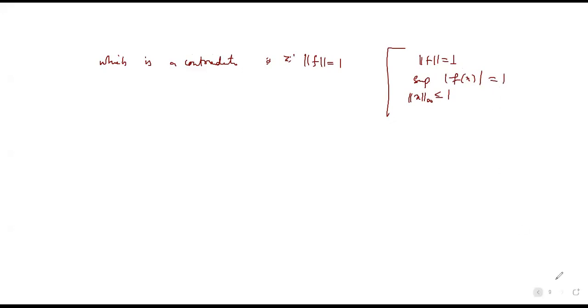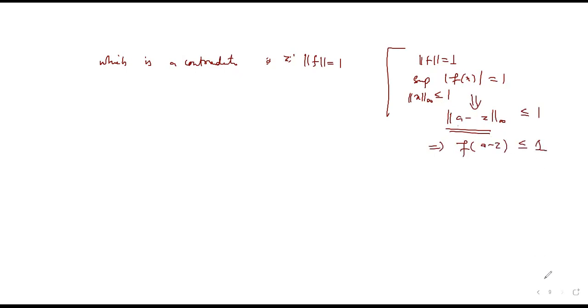And I have shown that the norm of a minus z infinity is less than or equal to 1. So if the vector on which I apply f has norm at most 1, then by this condition f of a minus z is less than or equal to 1.